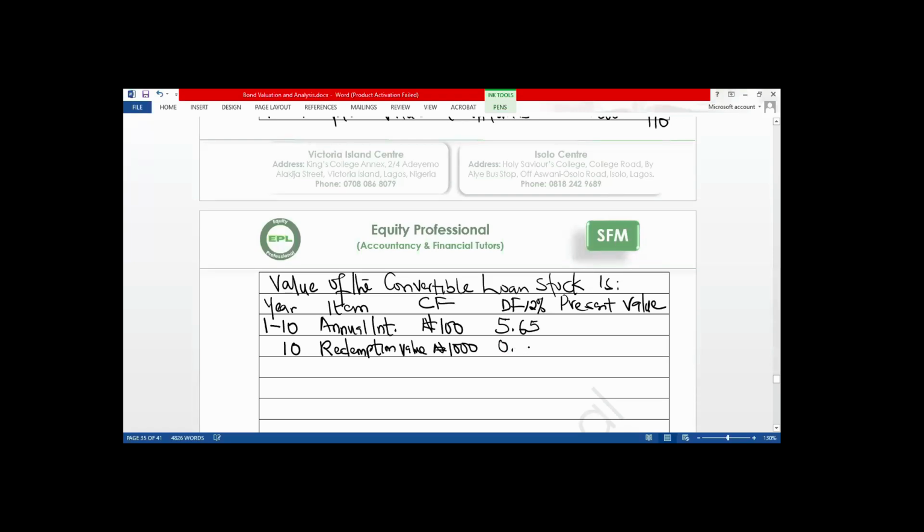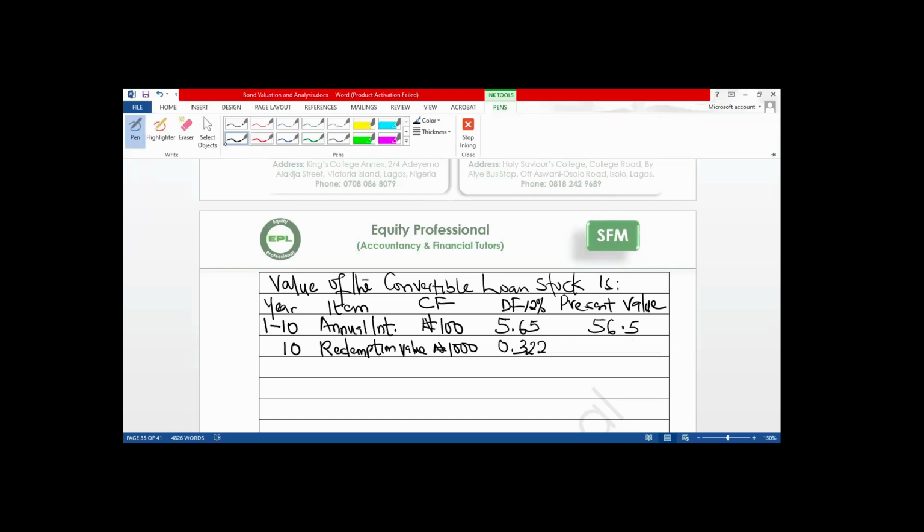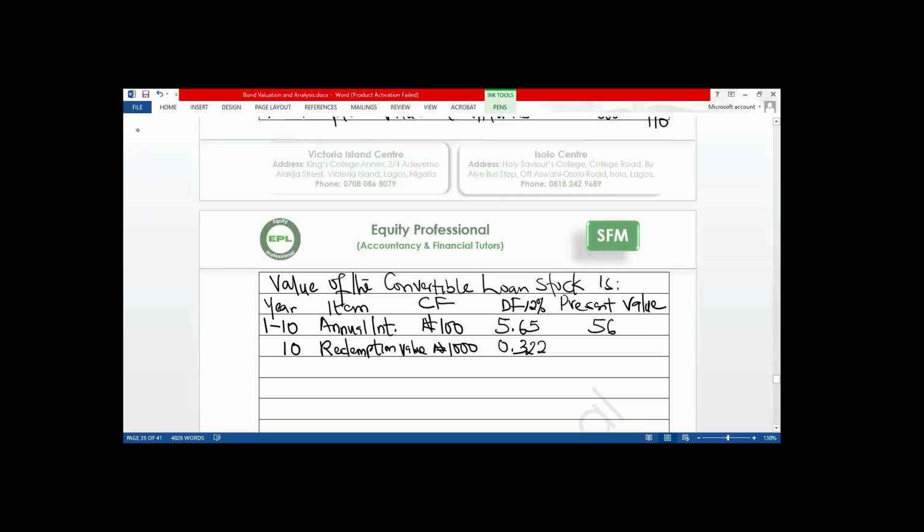The annuity factor is 5.65. Then 12% discount factor for year 10 is 0.322. Now let's get the present value. This will give us 565, and this will give us 322.